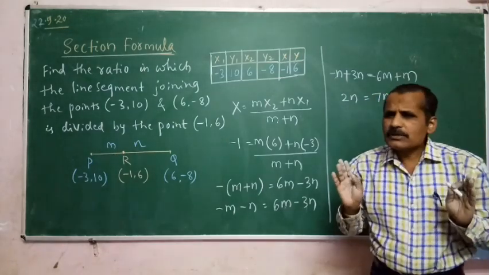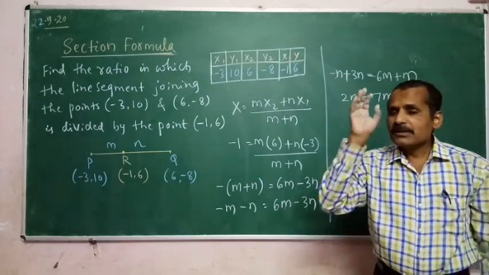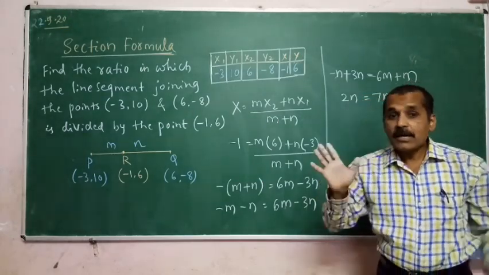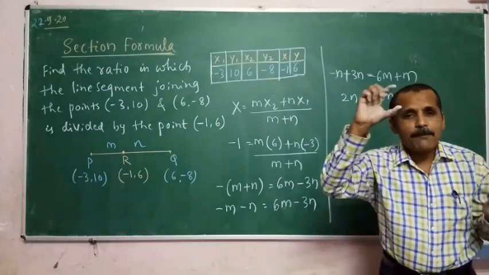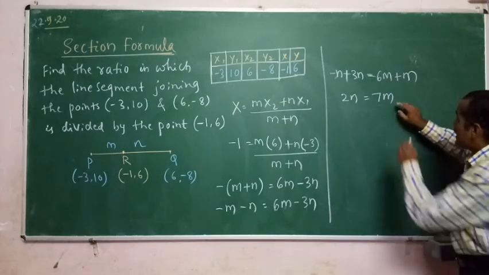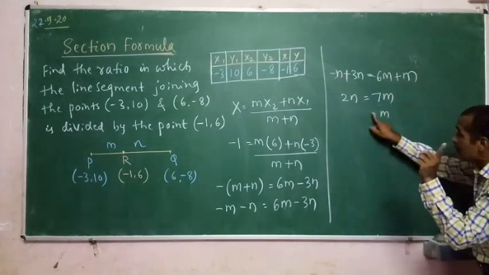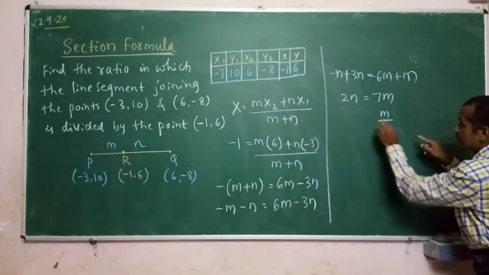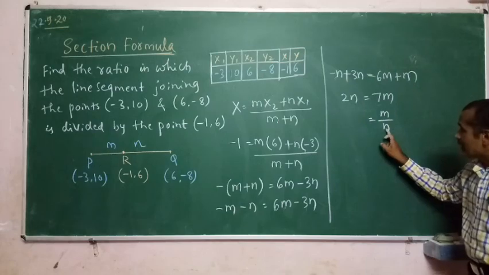Up to here the students will do correctly, but in the last step they are making the mistake. What do I want now? I want the ratio of m is to n, meaning m by n. See, I will keep m here. Listen very carefully. n I will bring to the denominator.